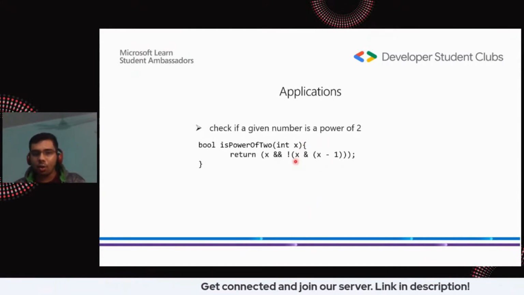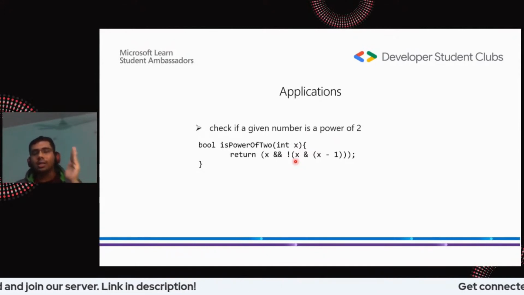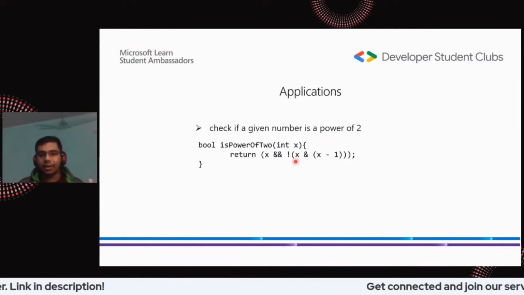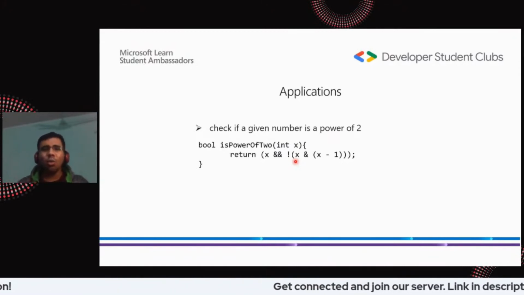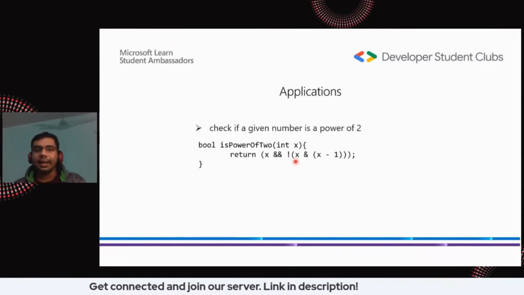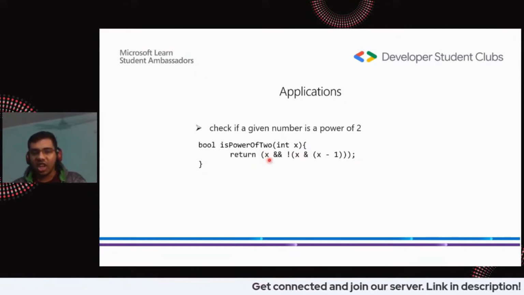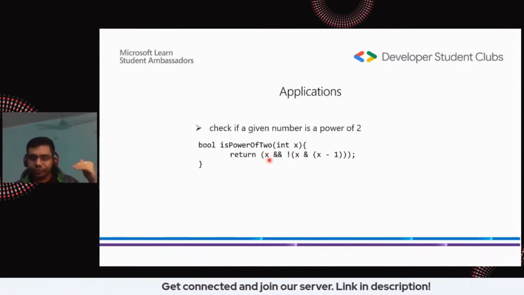So 110 and 101. What would the AND operation between these be? This would return 100 in binary, right? Now for 100, do the NOT of this. What will you get? NOT of 100, you will get 011.